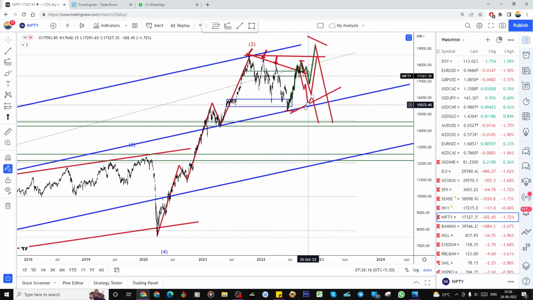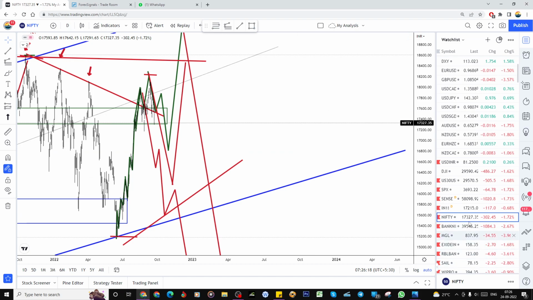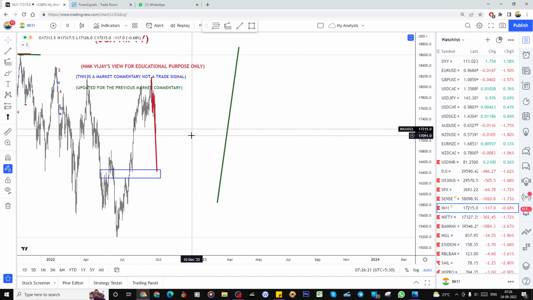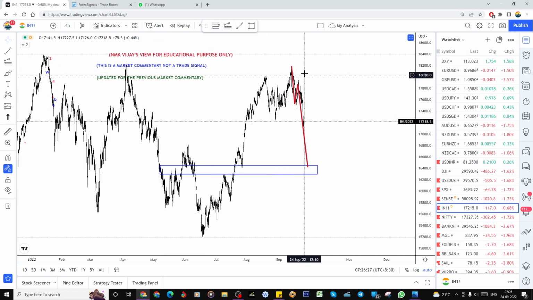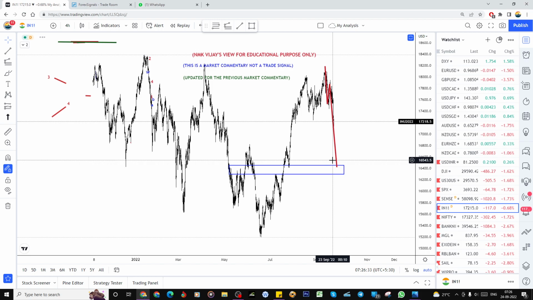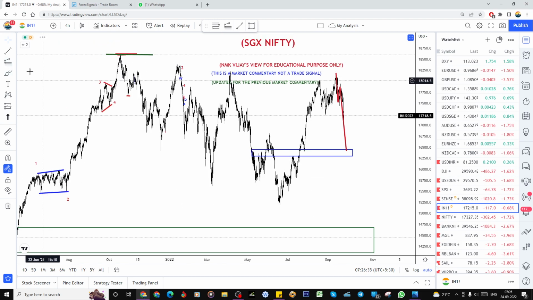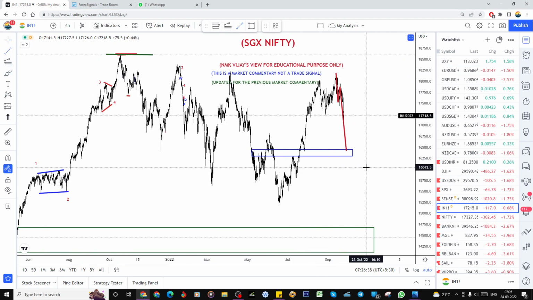As well as Nifty, look at this in Singapore Nifty. From here I explained the 5-wave structures and the 3-wave structures. The target of 16400 is my target. Why I explain that? How do we know that?